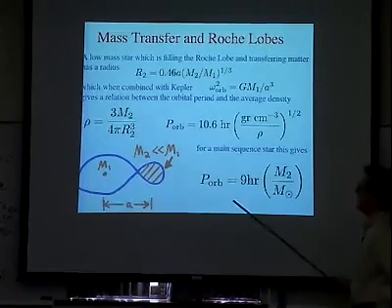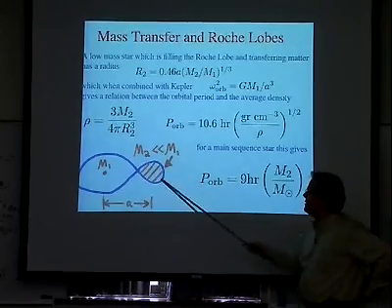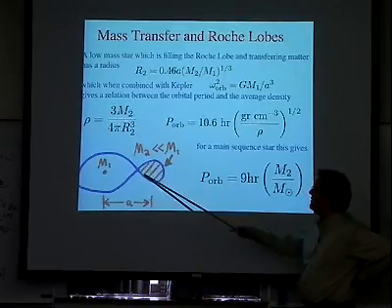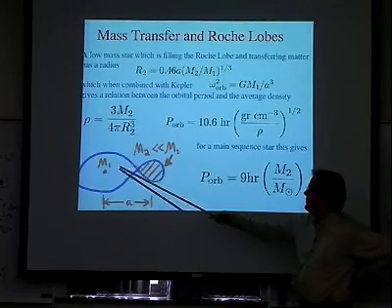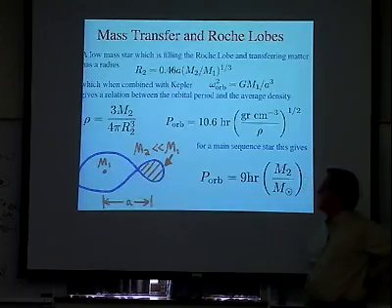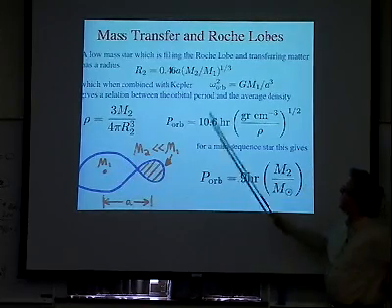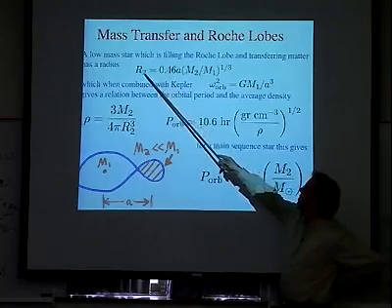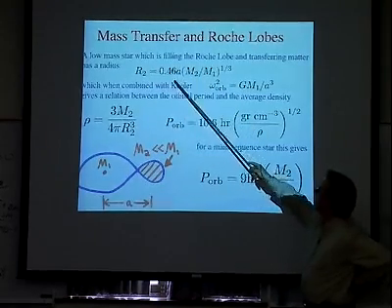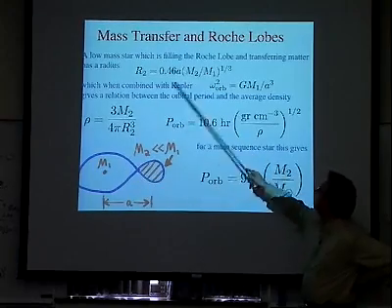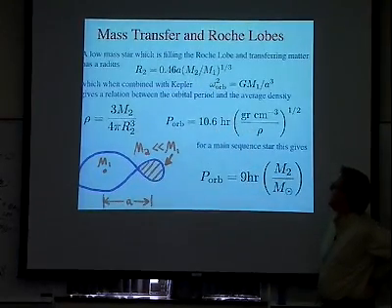Everything I'm going to be talking about today is a donor that is filling its Roche lobe, namely it's reached its tidal radius, transferring matter onto some companion star. And so we demand that basically the radius of that star, R2, equals the tidal radius, which is written here, where A is the separation of the binary, and M2 and M1 is a mass ratio.